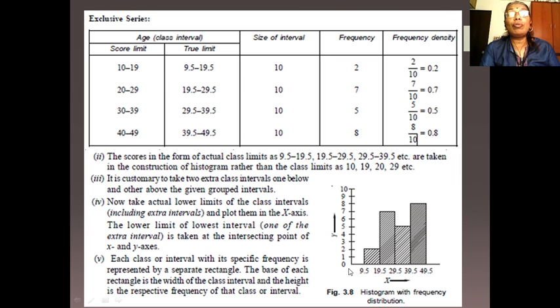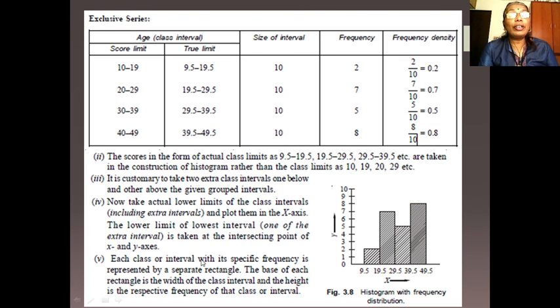The scale which you take on the y-axis does not start from 2 but from 0. The lower limit of the lowest interval, one of the extra intervals, is taken at the intersecting point of the x and y axes, means here we consider the 0 point.